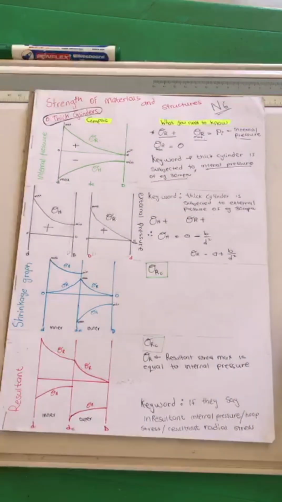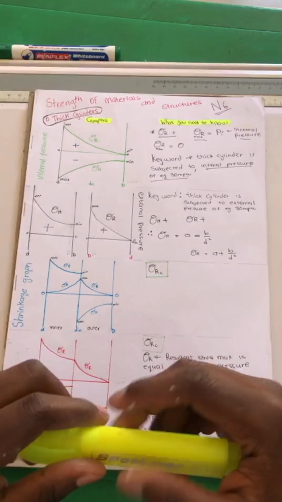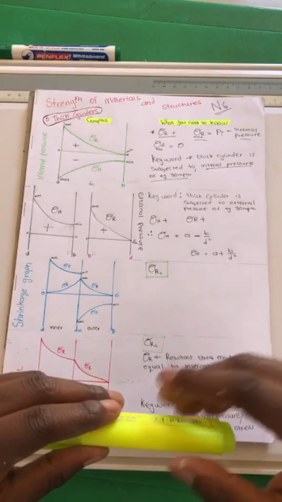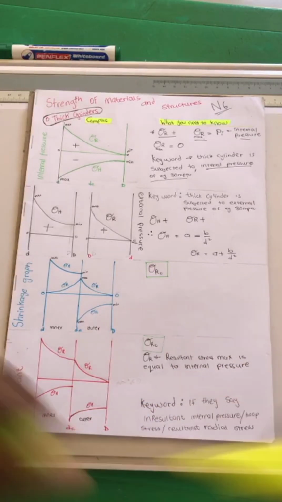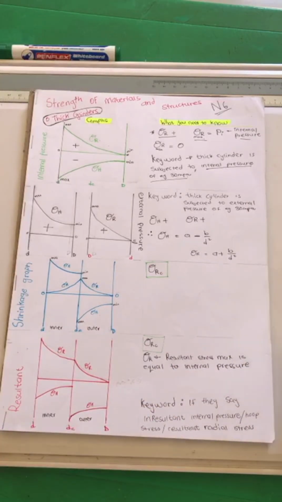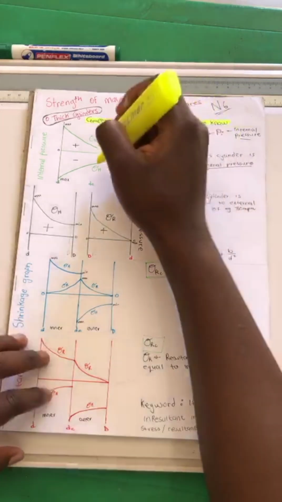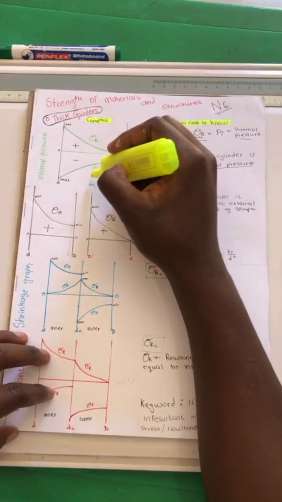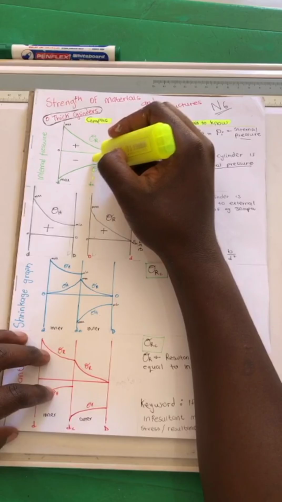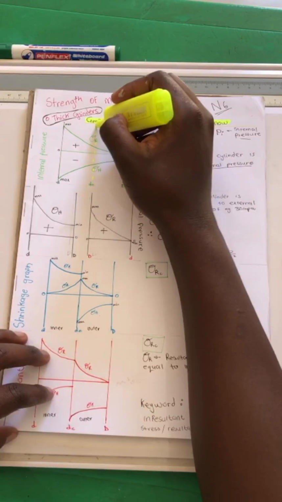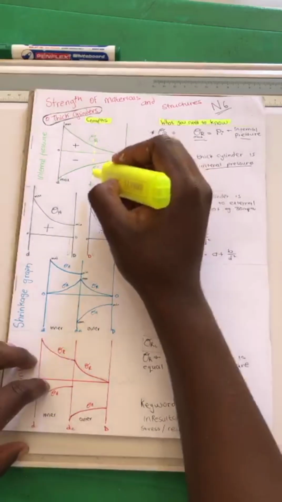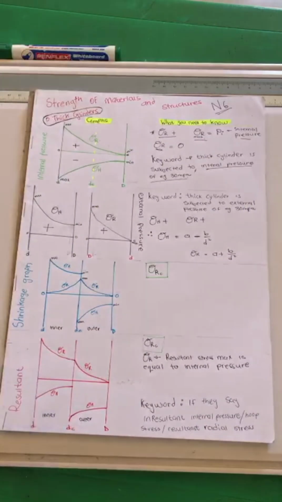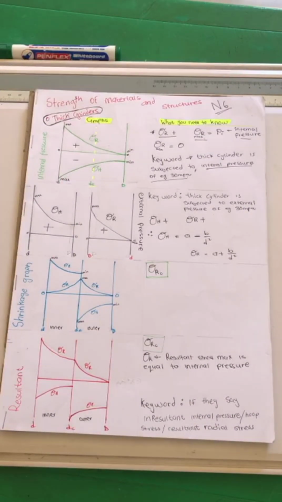But when it's one cylinder experiencing internal pressure, we will not have DC. Therefore, I would like to write this in a dotted format. Sometimes you are going to have DC. You see, I already indicated DC here. So that's done with internal pressure.